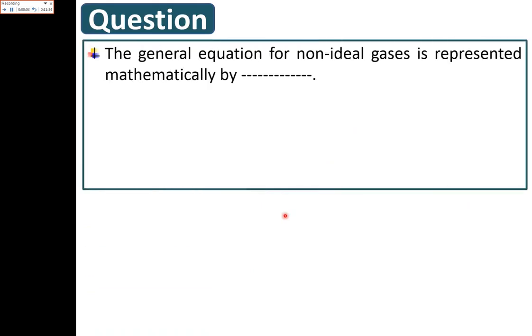The general equation for non-ideal gas is represented mathematically by which one? We have taken for the non-ideal or the real gas. This one, you remember, is the general gas law, which describes the behavior of ideal gas, not the non-ideal. So this answer is wrong. The other one describes the partial pressure of a single gas in a mixture of gases.